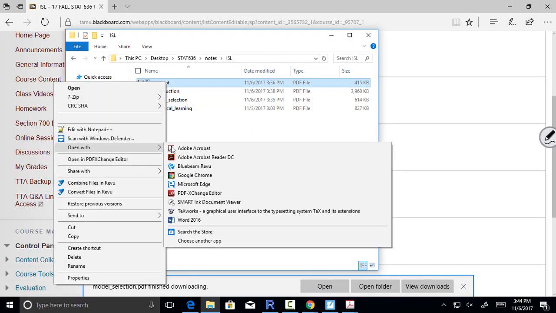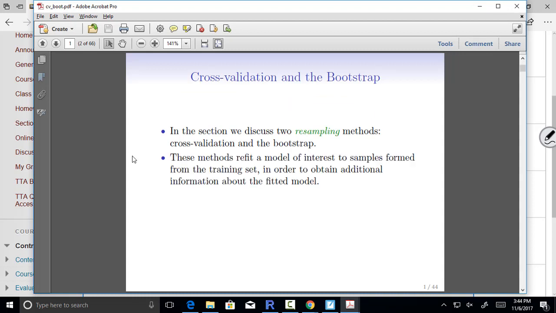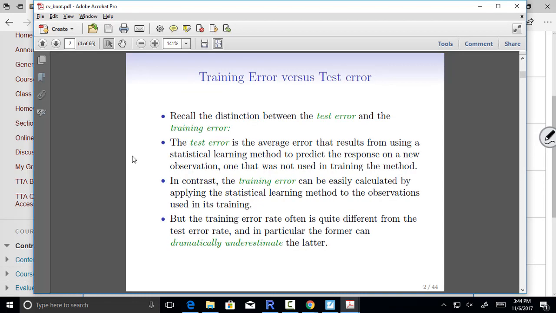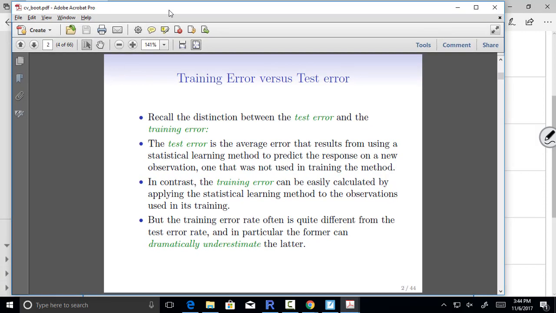All right, so I'm going to go back to CV boot. And let's look at this for a moment. On Friday, we talked about the different ways of assessing accuracy. There's the accuracy that you have with a model on your training data. And then there's a separate accuracy that you have with your model on data that were not used for training.